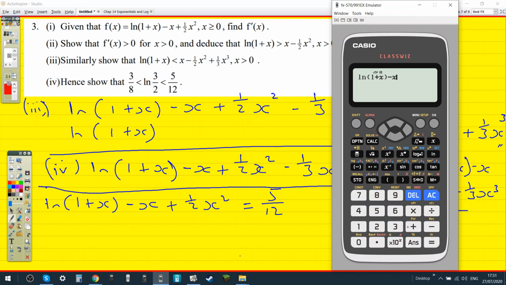Minus x squared. So I'll get one solution this way. Well, there you go. 1.35. Whatever that is. Is that equal to something? Like a fraction? Might be a half e or something.